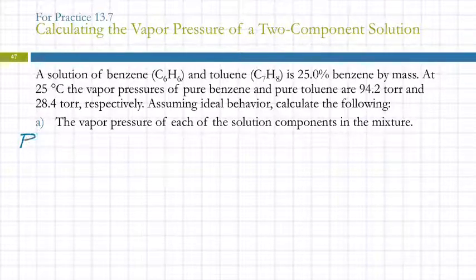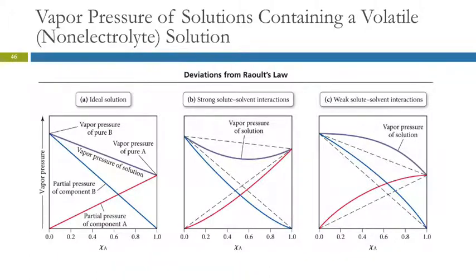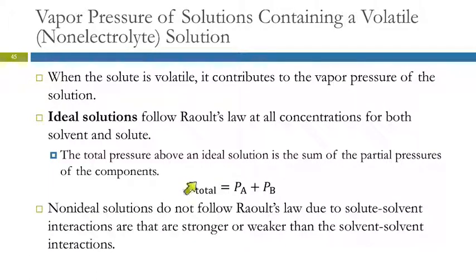So the vapor pressure of, we'll call them T and B, the vapor pressure of toluene is going to equal the mole fraction of toluene times the vapor pressure of toluene by itself. Now, let's think about that. The total pressure for the volatile solvent is pressure A plus pressure B. It's the vapor pressure of each of them.